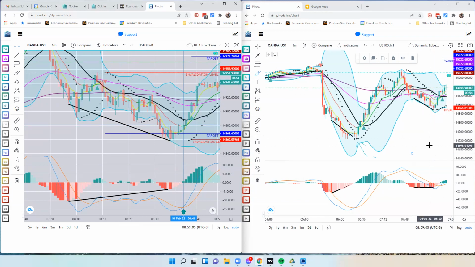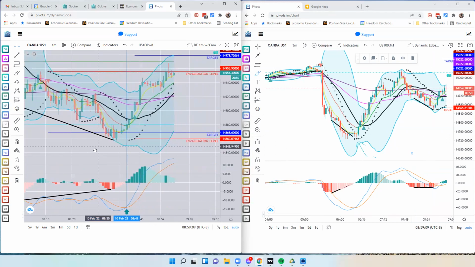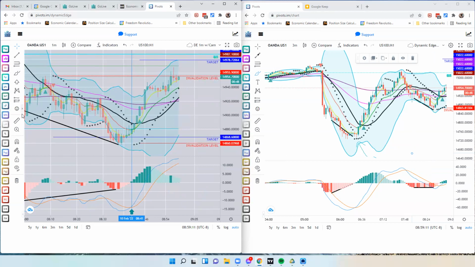Steve, do you want to do a pip count from that last 1 minute on the left? Yeah, let's do it. A newer trader would enter here with the arrow. Most of us entered right here, or pretty close, maybe halfway up the candle after it crossed, because you do want to make sure it's not just wicking over.